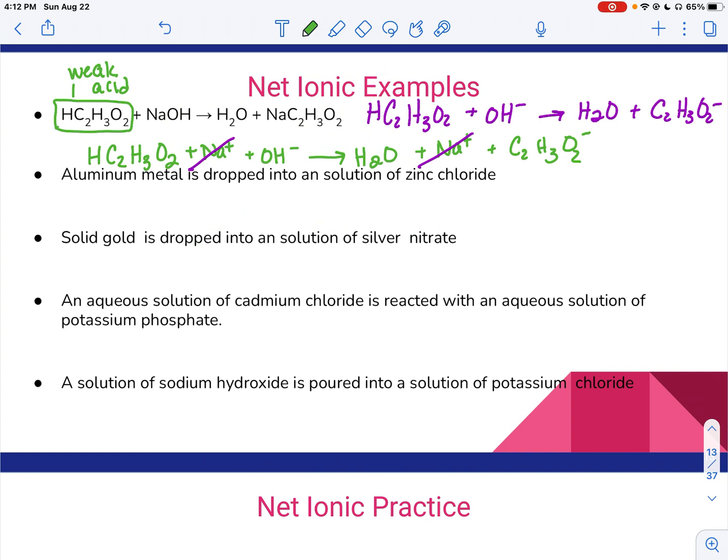Okay, so for this one, we have aluminum metal, which is just Al, and it's dropped into a solution of zinc chloride. Zinc is one of those transition metals that only has one charge, so you need to know it's ZnCl2.